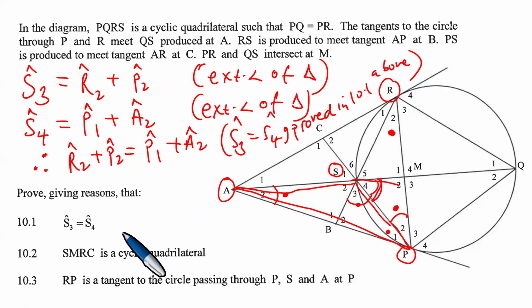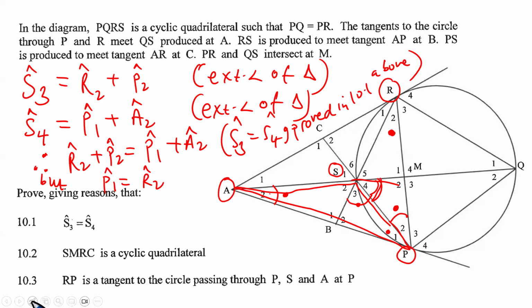Now, let us analyze this together and note that it is true that angle P1 is equal to angle R2.